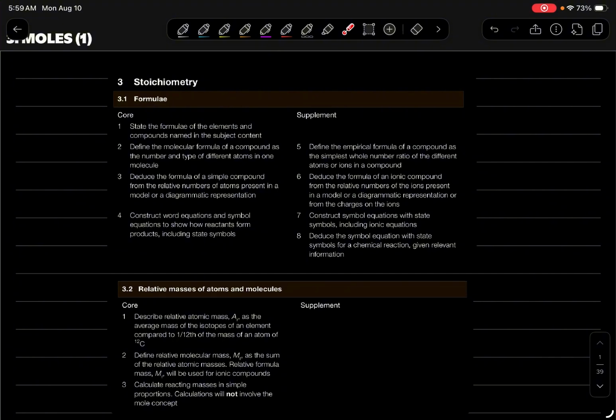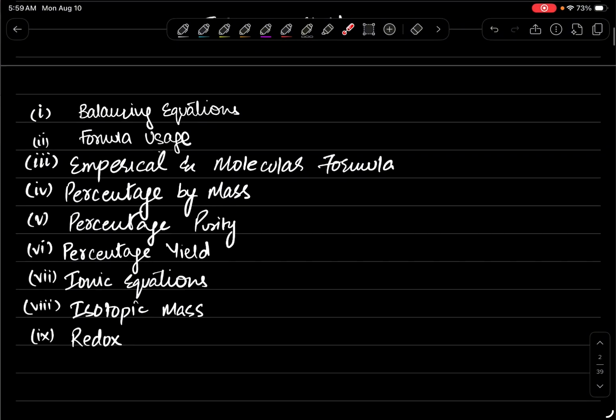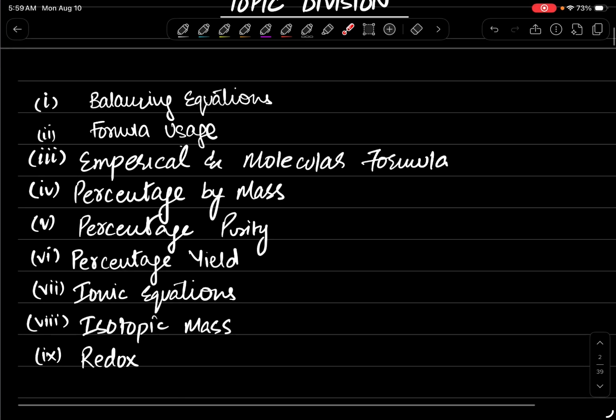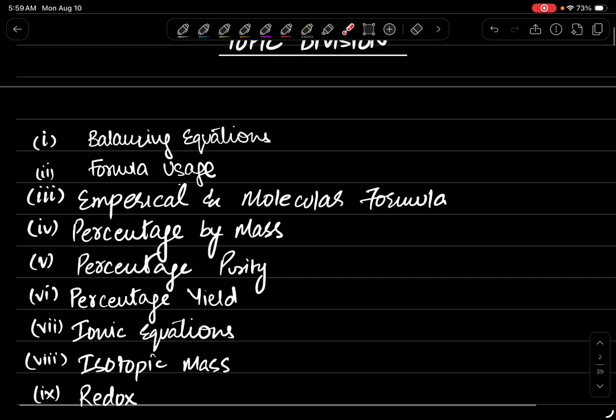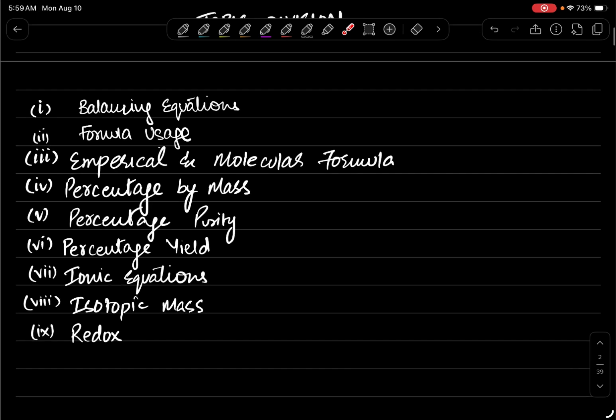So we're going to break it down into 9 different sections, as you can see on the screen, according to your syllabus for this chapter. First we're going to learn balancing equations, then formula usage, then empirical and molecular formula, and then percentage by mass, percentage purity, percentage yield, ionic equations, isotopic mass, redox, right?